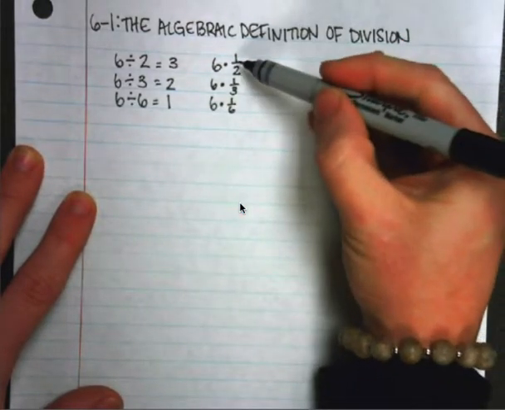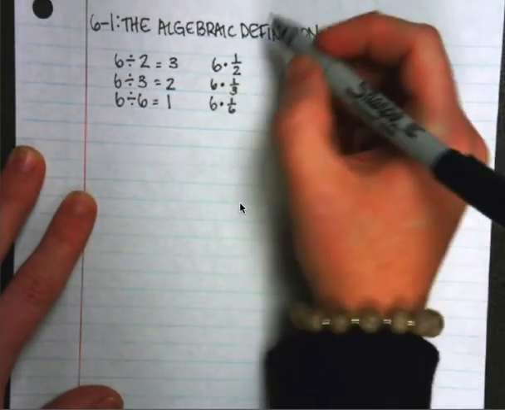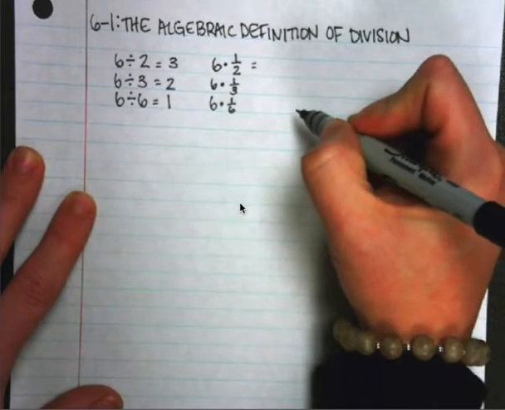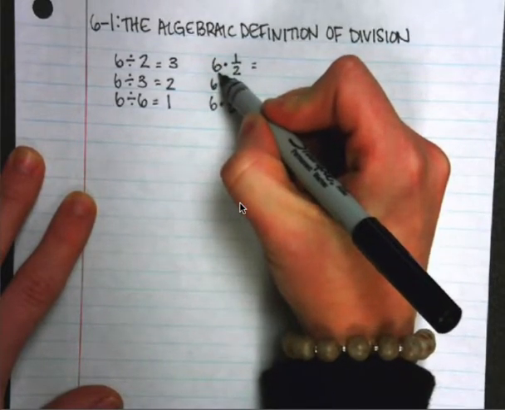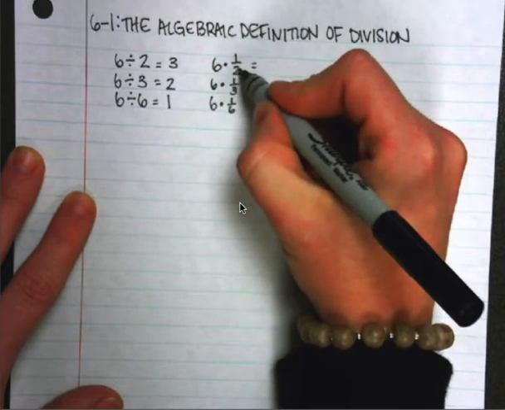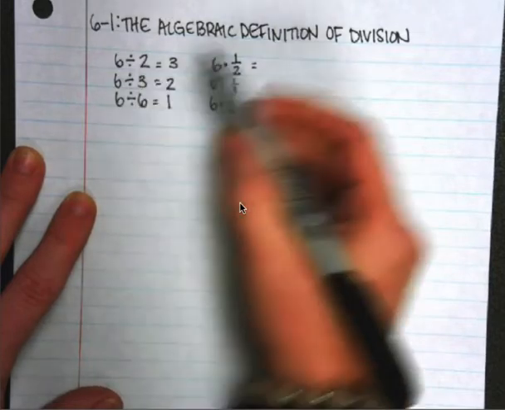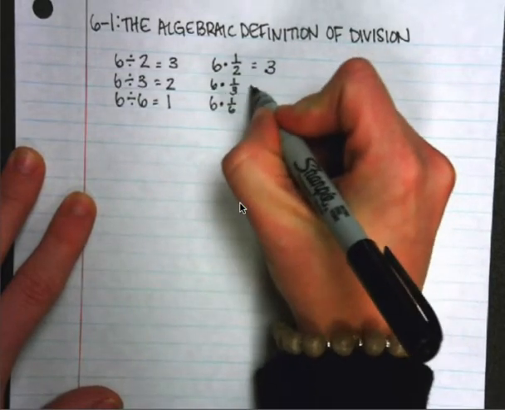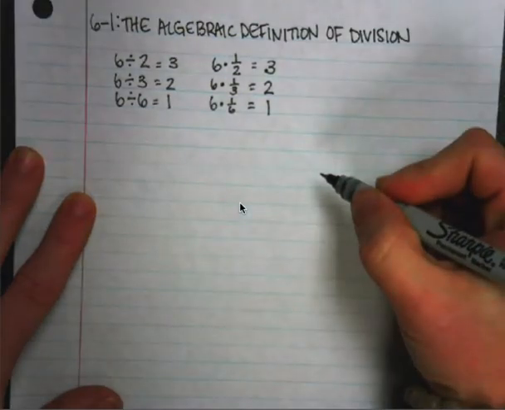So this would be saying half of 6, a third of 6, a sixth of 6. Or you could think of it as, well, this is 6 over 1, and you could multiply your fractions, and that would give you 6 over 2, or 6 divided by 2. So as you can see, we would get the same answers.